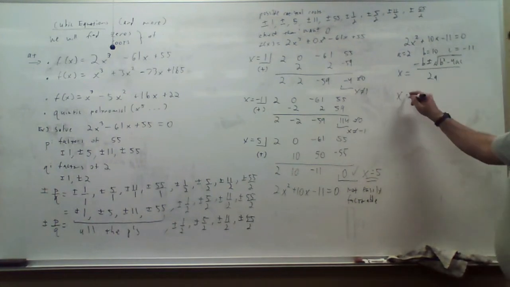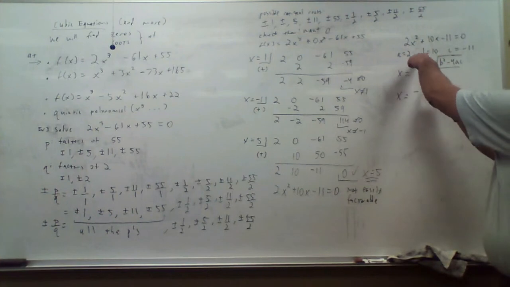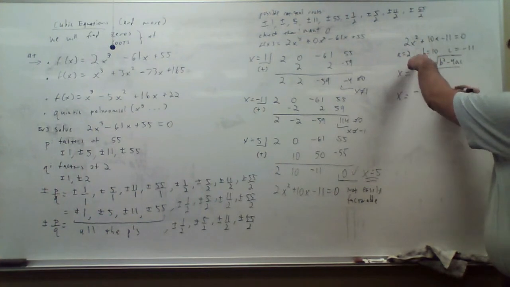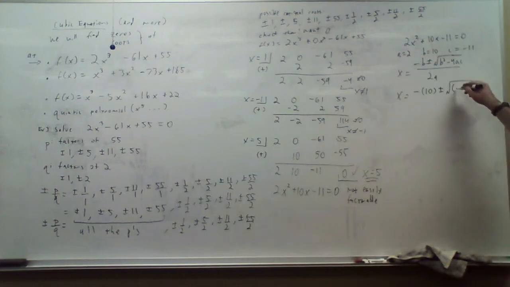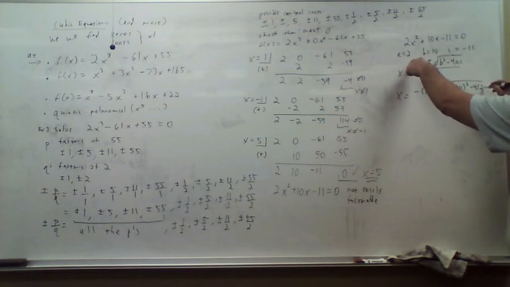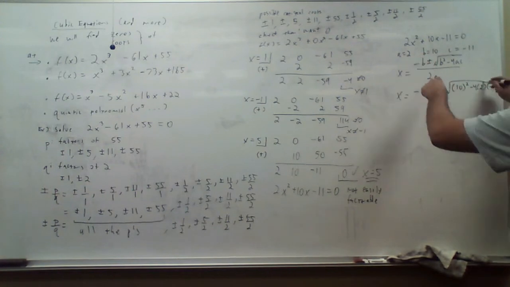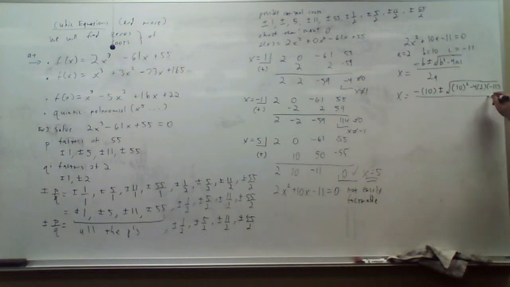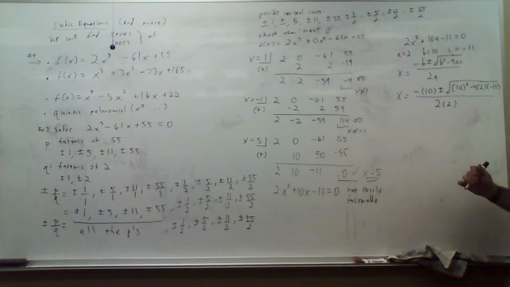So for this problem, x equals negative 10 plus or minus the square root of 10 squared minus 4 times 2 times negative 11, all over 2 times 2.